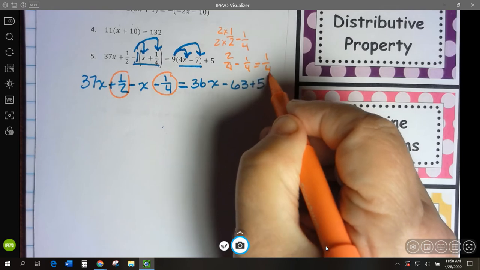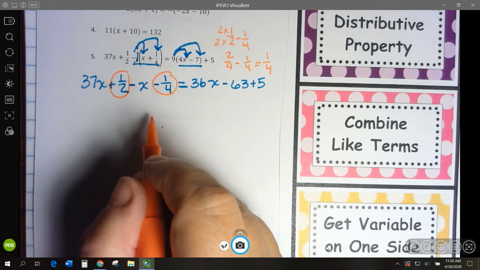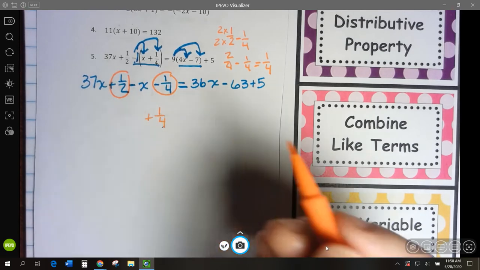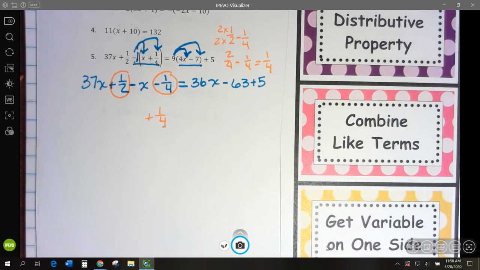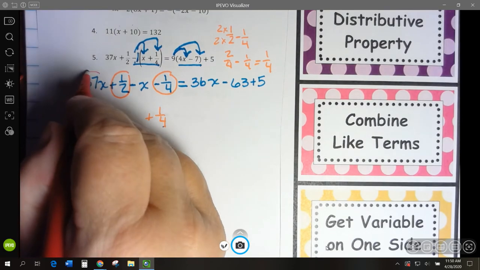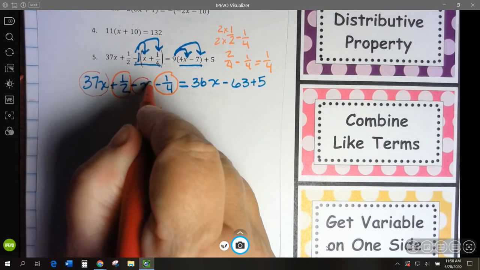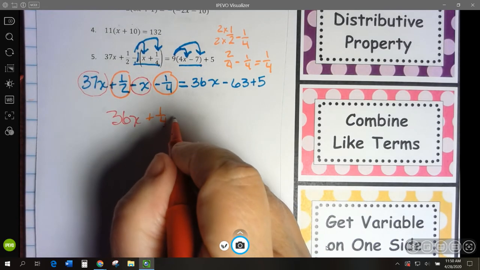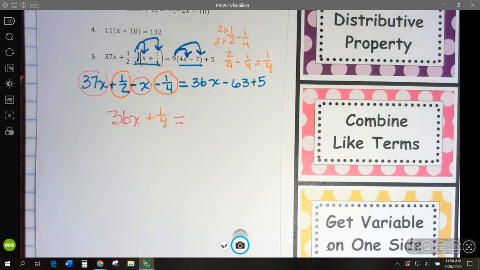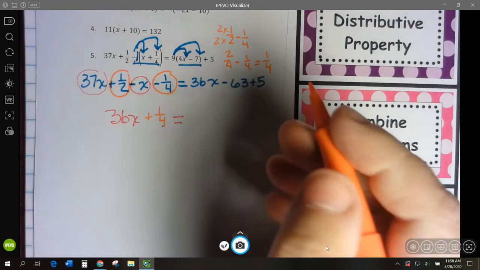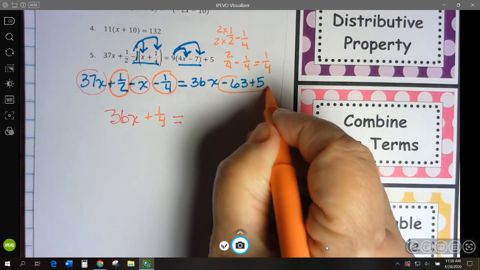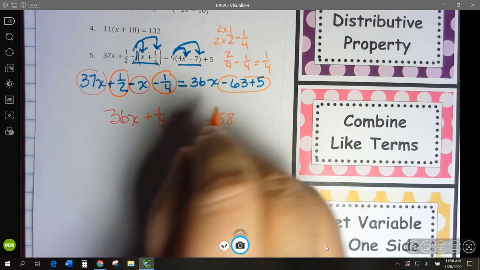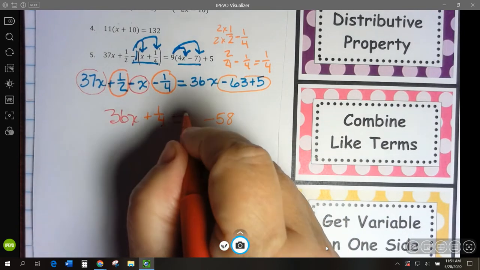And that would be 1/4. So combining these, I get a 1/4. And when I combine my x's, 37x and a minus 1x would give me a 36x. Plus 1/4, that's all going to equal negative 63 plus 5 would be a negative 58. And we have a 36x.